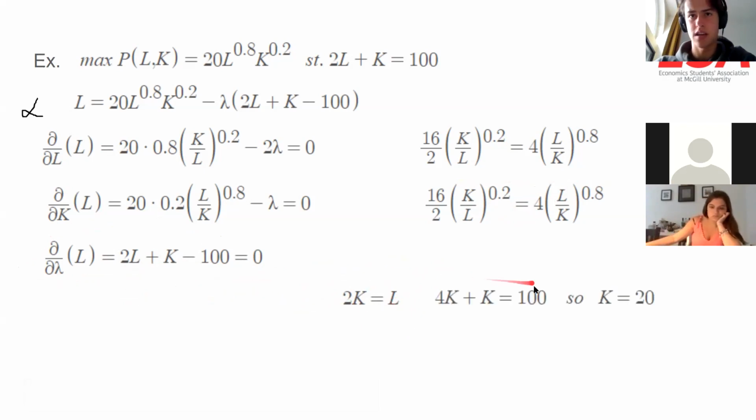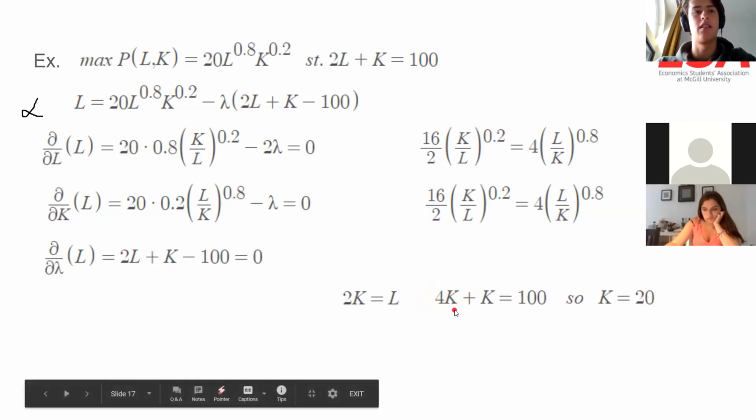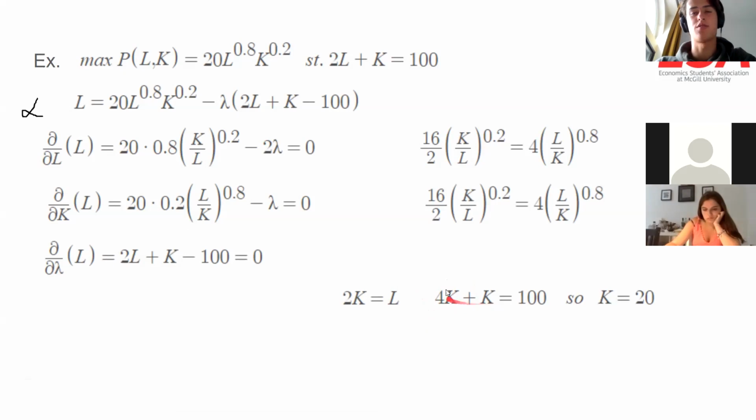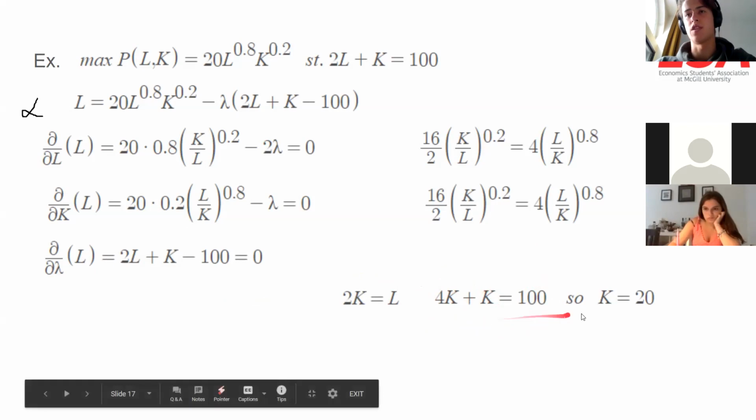It would have been 2 times 2K, sorry for again making a shortcut here, which is 4K plus K, which ends up being 5K. And if 5K equals 100, K then equals 20. Using this equation, again, K equals 20, so L equals 40.